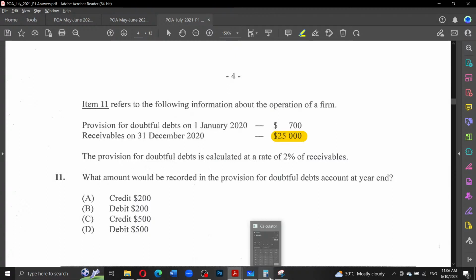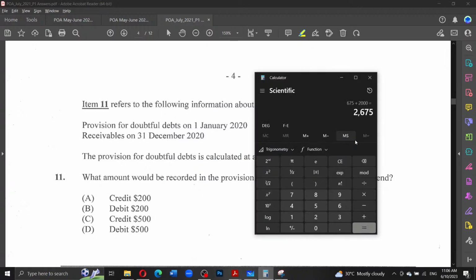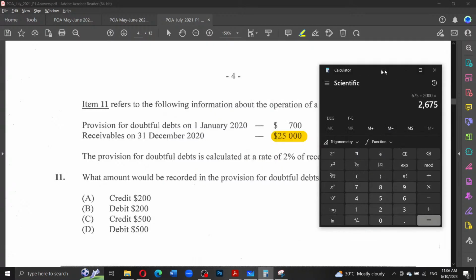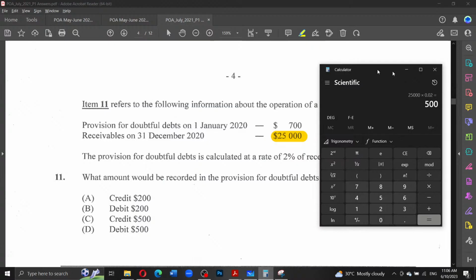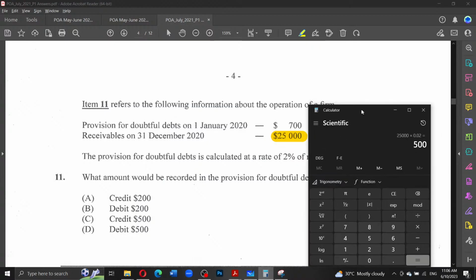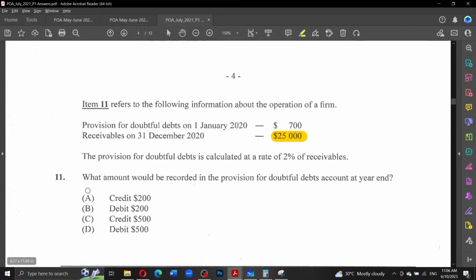So we have $25,000 as the receivable amount, and you have to find 2% of it, 0.02. So at the end of this year, the provision for doubtful debt is $500, which means that it decreased by 200.